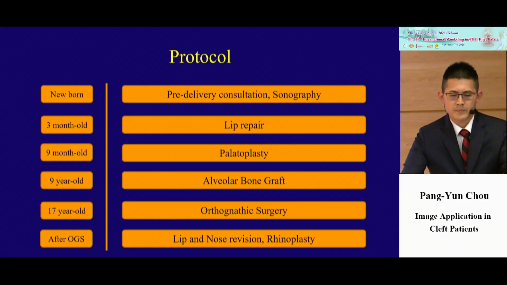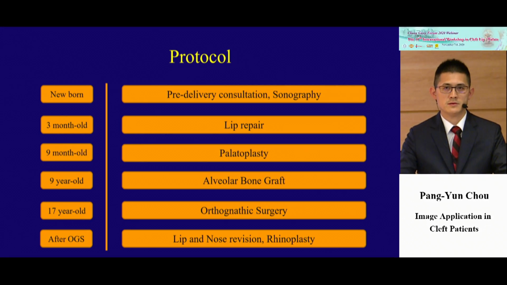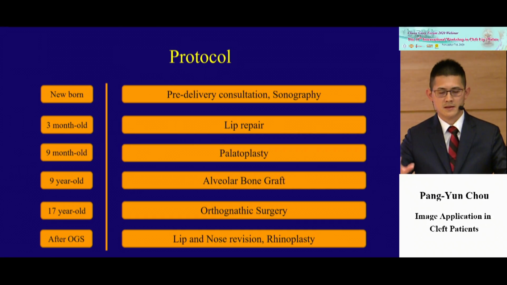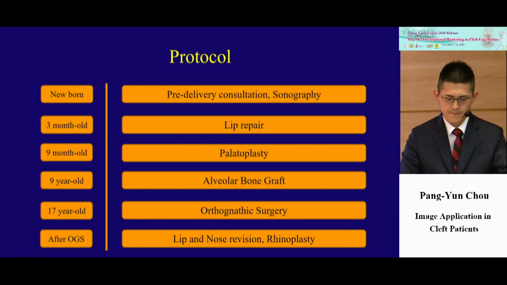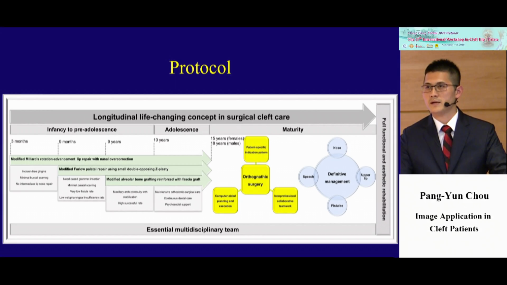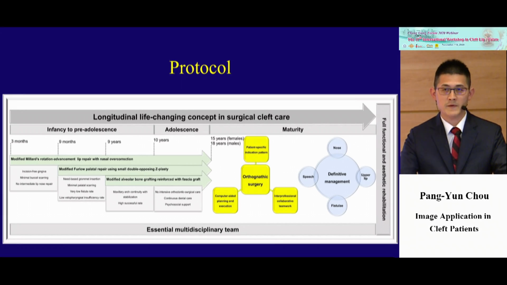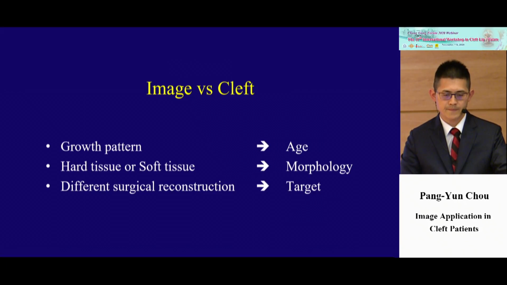So the baby changes not only in external appearance, but also in bony maturation. This is the protocol in our center, as mentioned by Professor Low. At different ages we can give different treatments with our goal of a better aesthetic outcome for the baby.